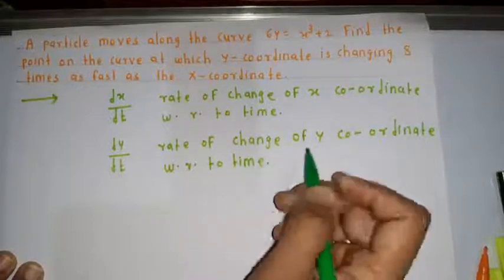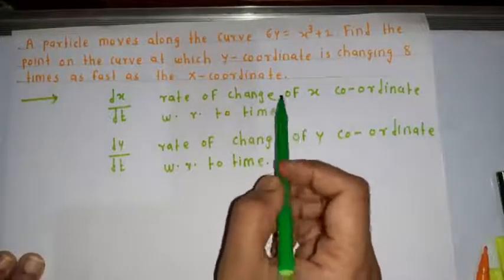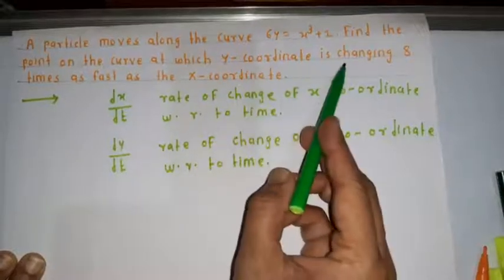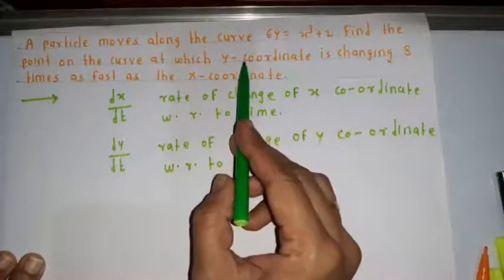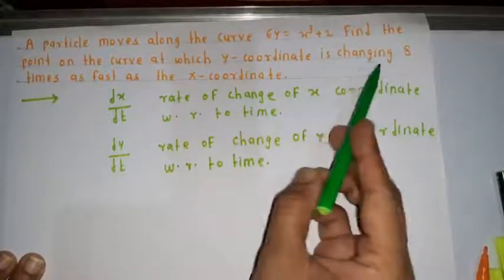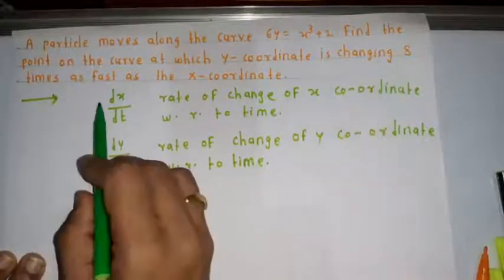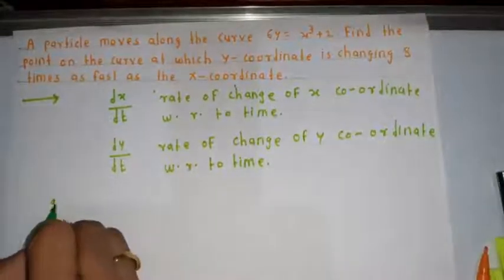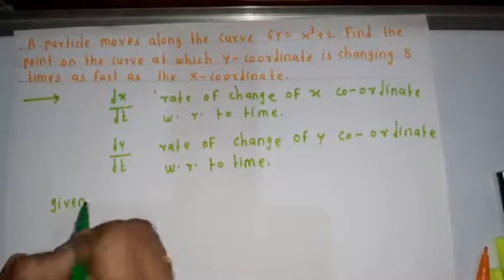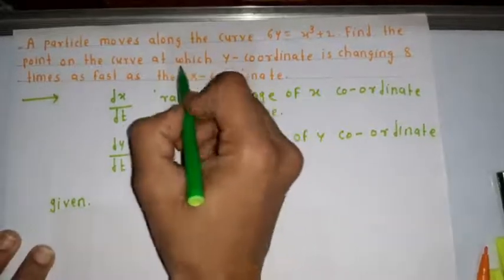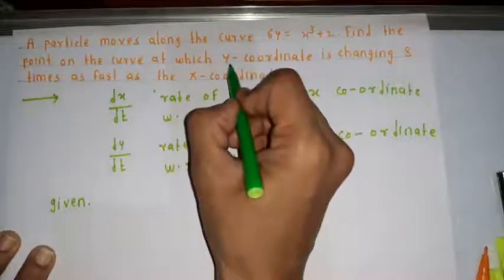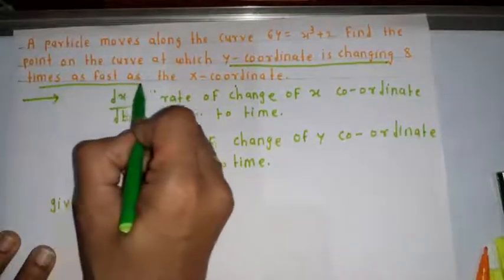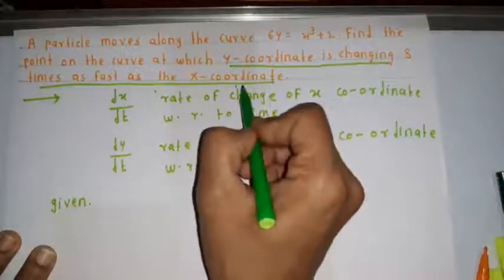Okay students, so here find the point on the curve at which the y coordinate is changing 8 times as fast as the x coordinate. Y coordinate is changing means dy by dt. Given that, from this statement, the y coordinate is changing 8 times as fast as the x coordinate.